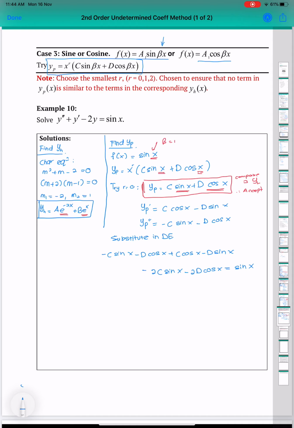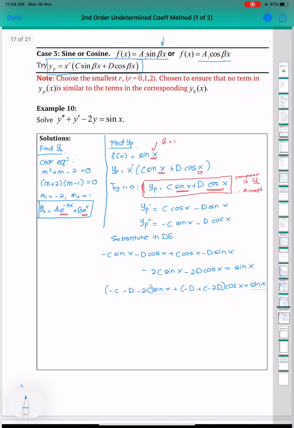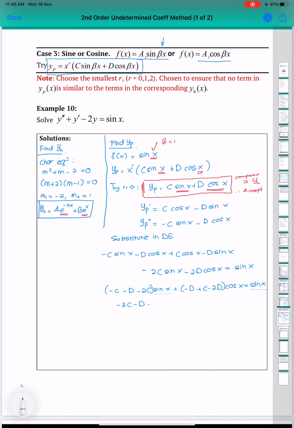Alright, so we collect everything with sine x first. Negative c minus d minus 2c, sine x, plus negative d plus c minus 2d, cos x, equal to sine x. Okay, so I compare my left and right hand side. I have sine x here, and here also sine x. So I will have negative 3c minus d is equal to 1.